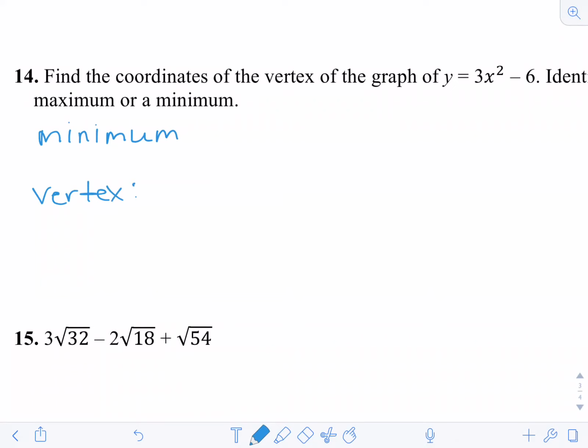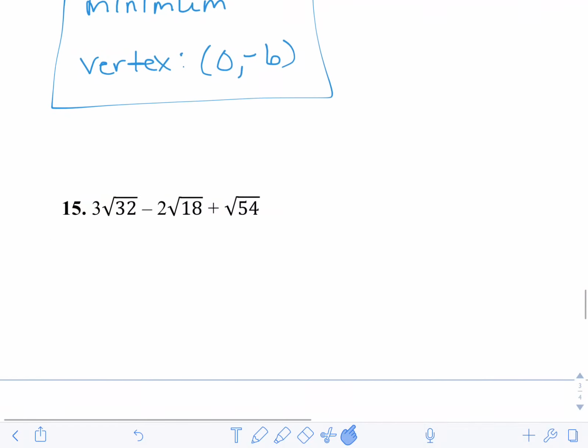So second trace, I'm going to hit 3 for minimum. I need to be on the left side, then the right side, then hit enter one more time. So my minimum will be 0, comma, negative 6. So again, when you do this, sometimes the graph will give you like 1.4537e to the negative 6. Anytime you have anything like that, just round it to 0.